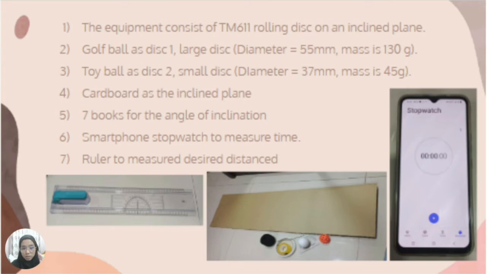For disc 2, I will use a toy ball, representing the small disc, with diameter 37mm and mass 45 grams. For the inclined plane, I will use cardboard. For the angle inclinations, I will use 7 books, representing 7 angles. I will use a smartphone stopwatch to measure the times and a ruler to measure the desired distance.